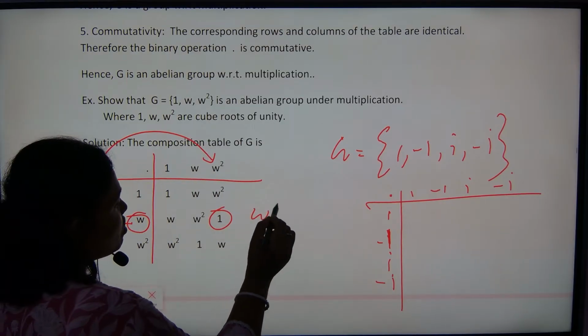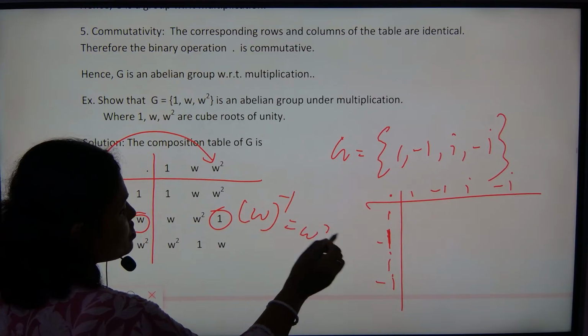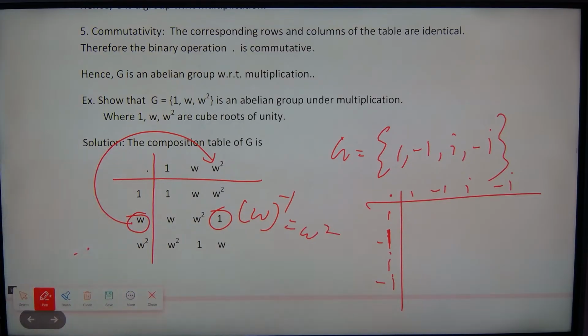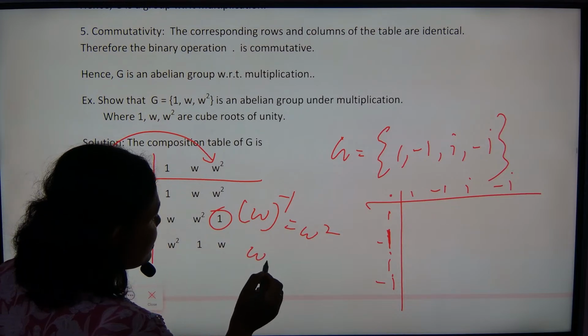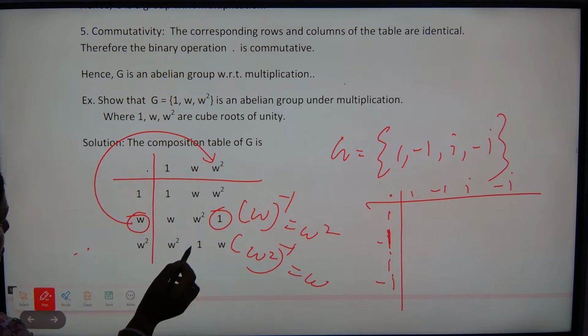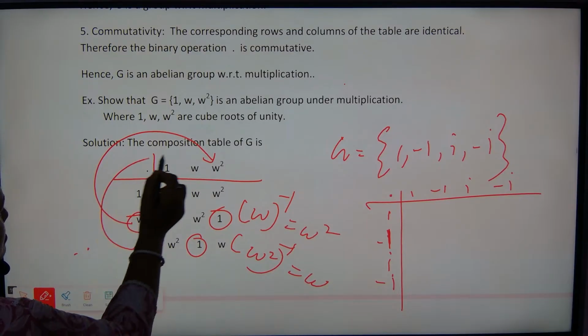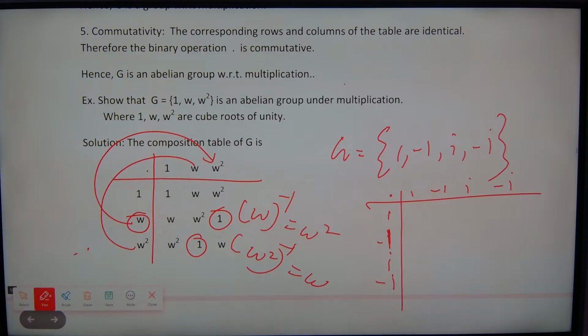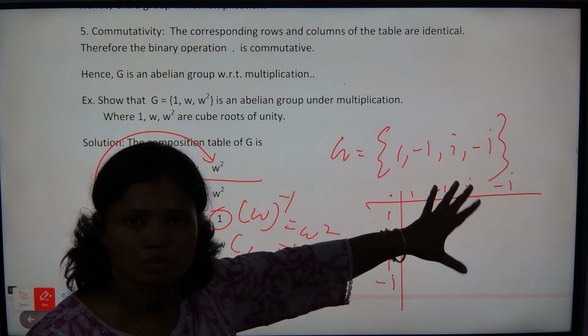So, inverse of omega is omega square. Inverse of omega square is omega. See, here we have 1, that means omega. Okay, done. So go through this, do this one also, it is also abelian.